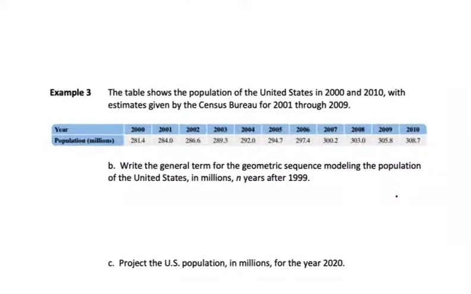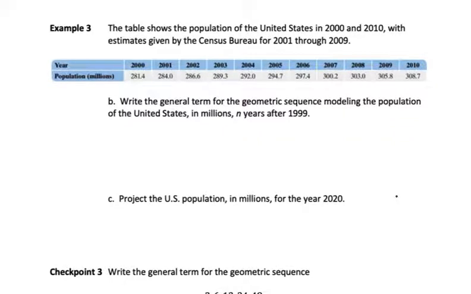Next, we're going to look at example 3. They're giving us a table that shows the population of the United States from the years 2000 to 2010. And the first question says to write, we're actually going to skip part A, but for part B, it says to write the general term for the geometric sequence modeling the population of the United States in millions n years after 1999.